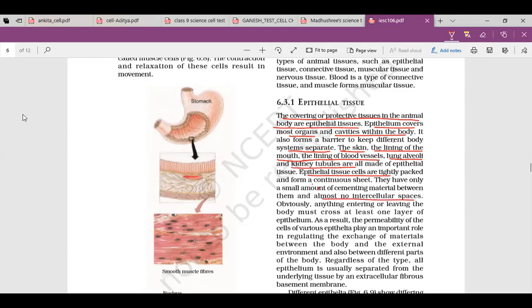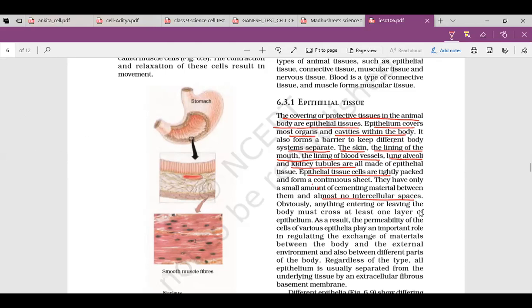Obviously, anything entering or leaving the body must cross at least one layer of the epithelium. Whatever comes inside the body or moves out of the body has to pass through at least one layer of epithelial cells every time.